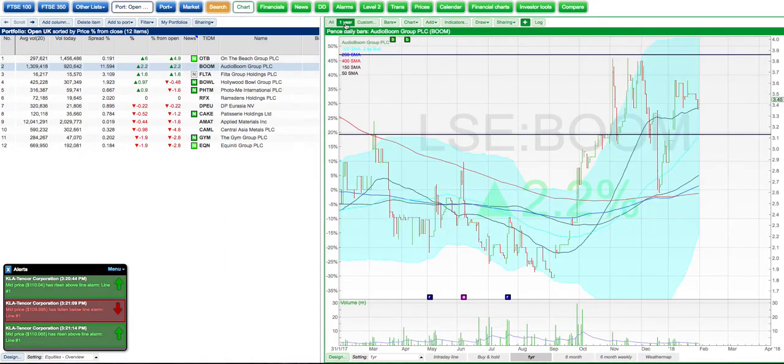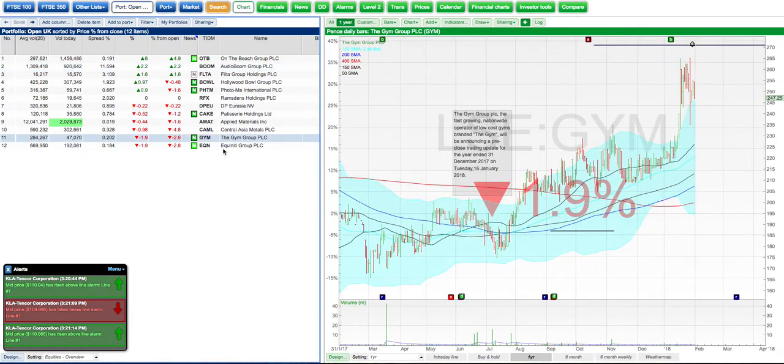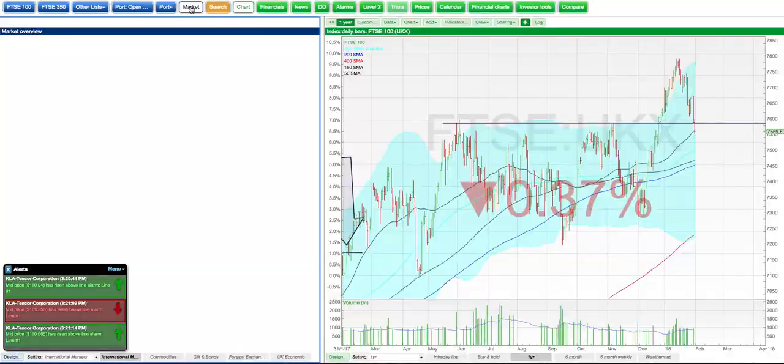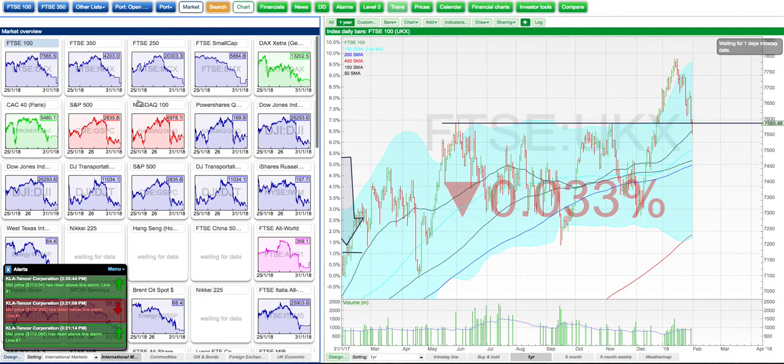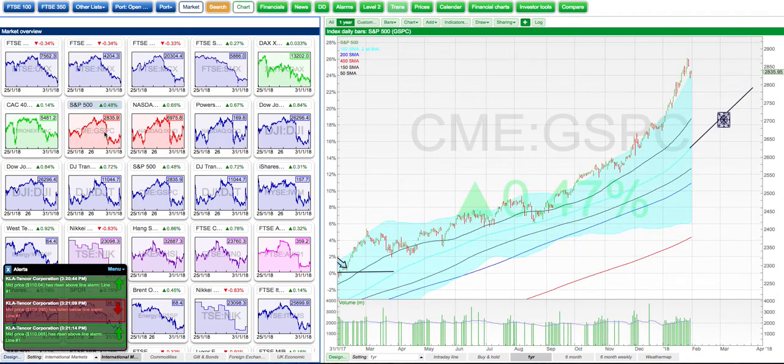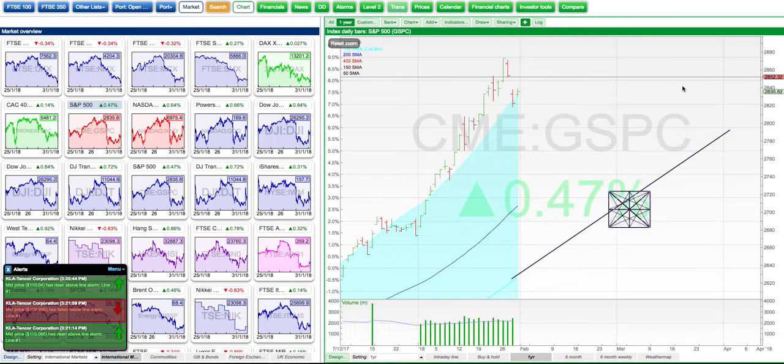Not a lot going on today. It's a very weak market at the moment, predominantly because the US came in yesterday, but the US is now open, and it looks like it's going to fill this gap in. See this gap down? Looks like we're going to move into this area and fill this gap.